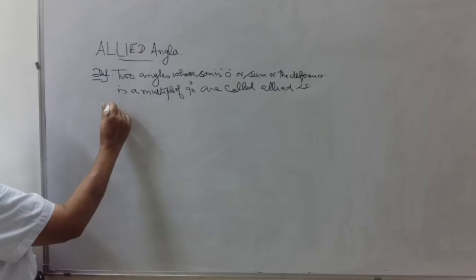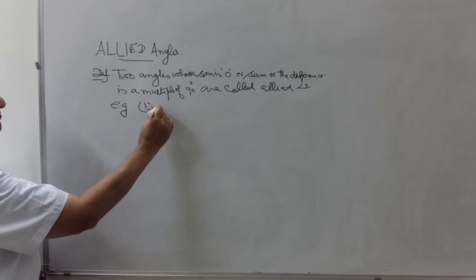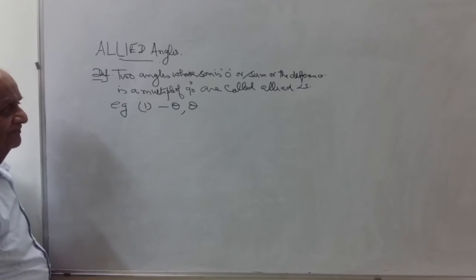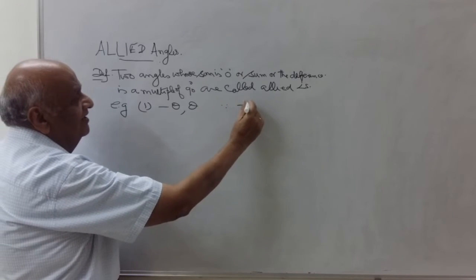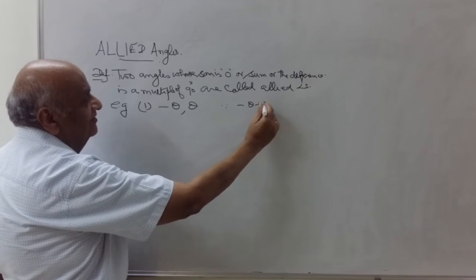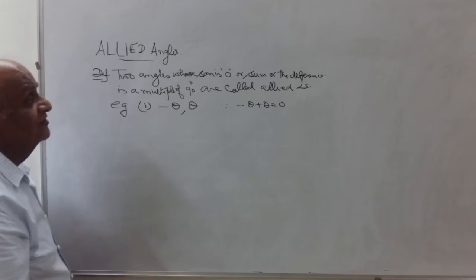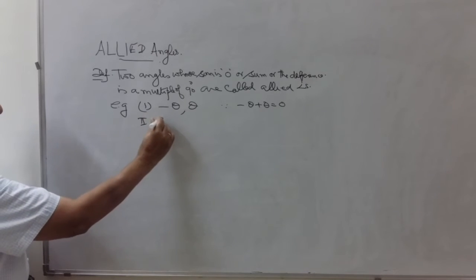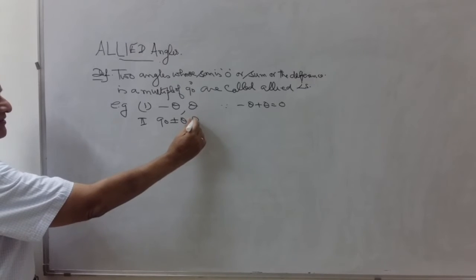It is not clear, so to make it very clear, say for example, number 1, minus theta and theta. They are allied because minus theta plus theta is 0. Two angles whose sum is 0. Number 2, 90 plus or minus theta and theta.